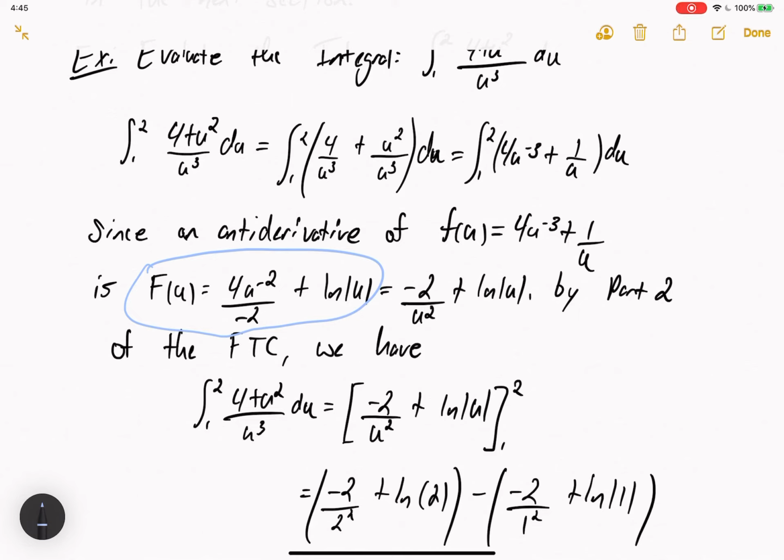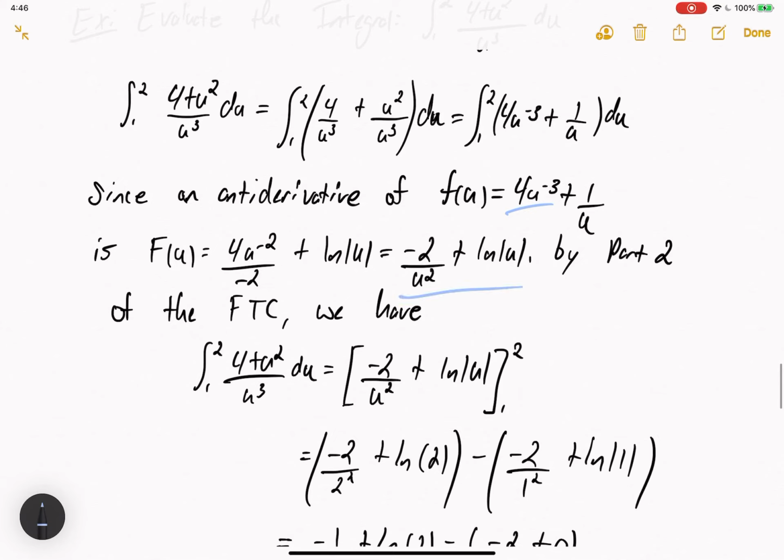So it'd be 4u to the negative 2 divided by negative 2, since we add 1 to negative 3 to get negative 2. And we have already said that an antiderivative of 1 over u is ln of the absolute value of u. So capital F of u is equal to negative 2 divided by u squared plus ln of the absolute value of u. And that's by part 2 of FTC.